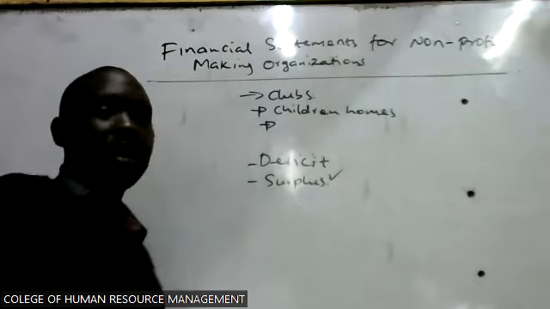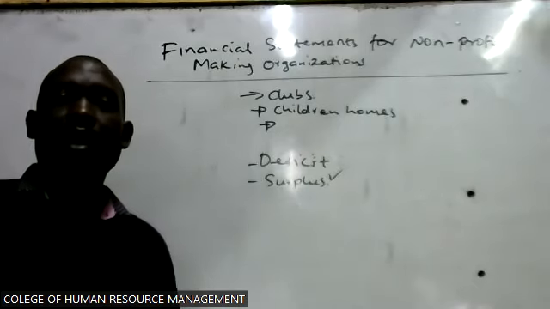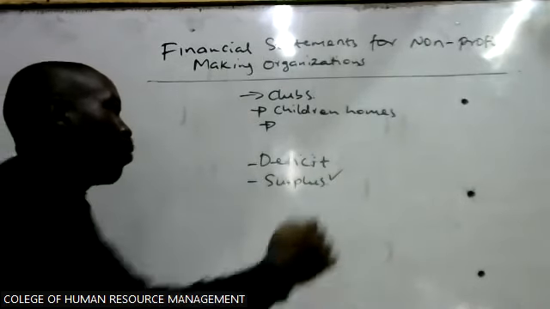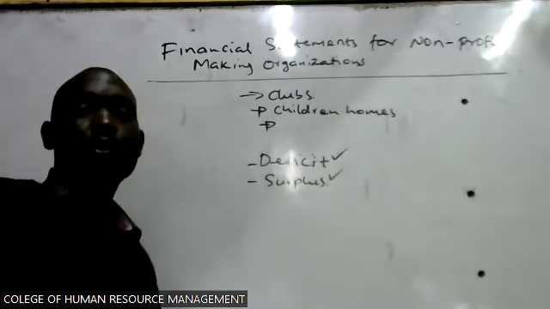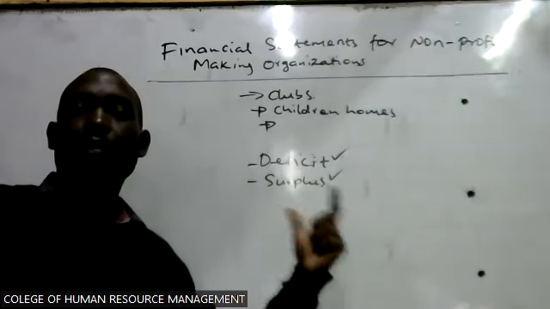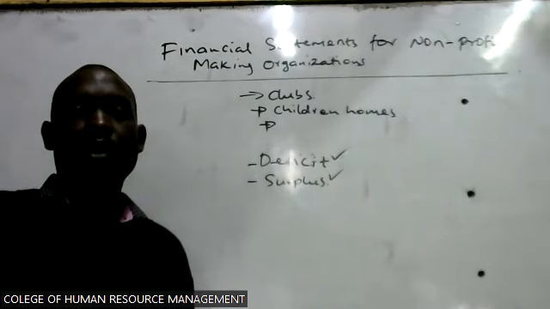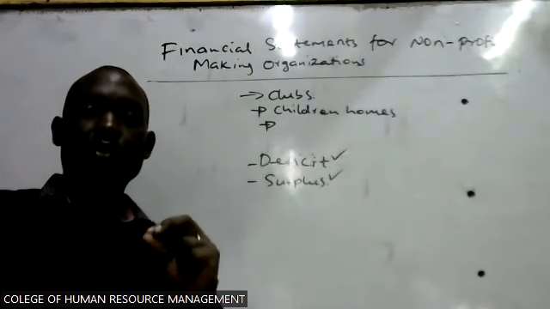But when the expenditures exceed the income, we are going to have a deficit. So these now replace the profit or loss. That is one thing that we need to note.